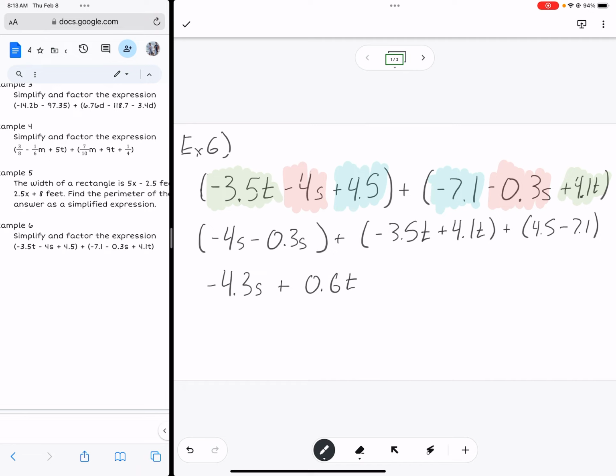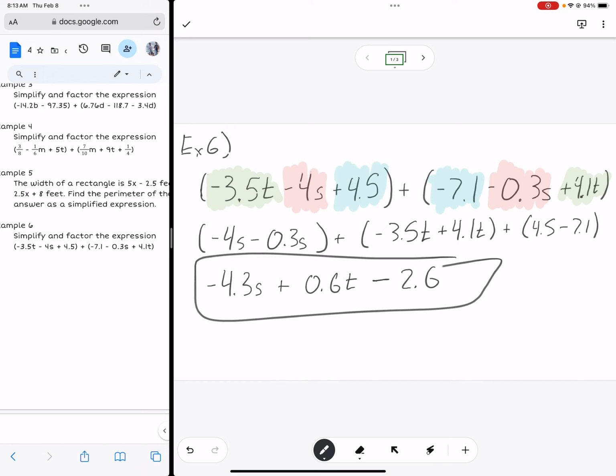All right. And then the last one is going to be negative 2.6. And that is your answer. Wait, can I just put the plus in there? Like, we're plus not negative 2.6? Can we factor it? No, you're right. We can't factor this.